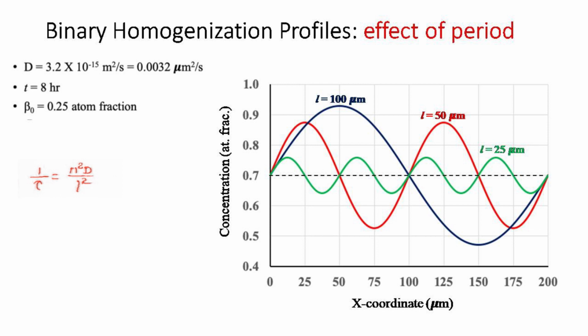So, at t equal to 8 hours, this is the profile for L equal to 100 micron, the red one is for L equal to 50 micron and the green one is for L equal to 25 micron. So, after the same time of homogenization, although we started with the same amplitude and the same average concentration, we see that the profile with the lower period homogenizes faster.